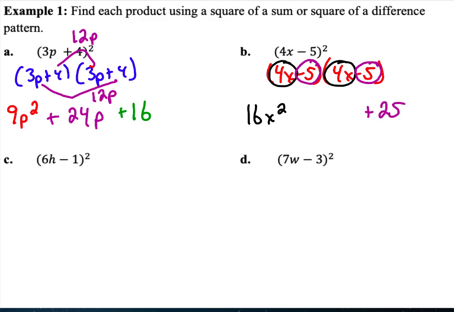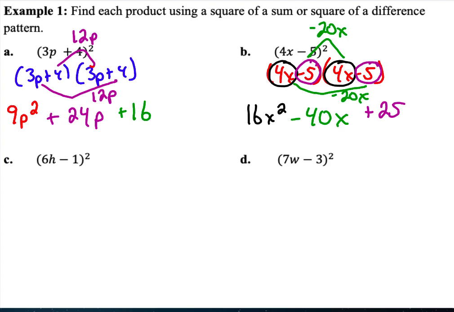But then the middle, I'm going to do negative 5 times 4x is negative 20x. And here I'm going to do 4x times negative 5 is negative 20x. So I get a negative 40x is my middle term. So we're multiplying the first terms, we're squaring them, multiplying it times itself, doing the same thing with the last terms, and then we're doubling that middle term.